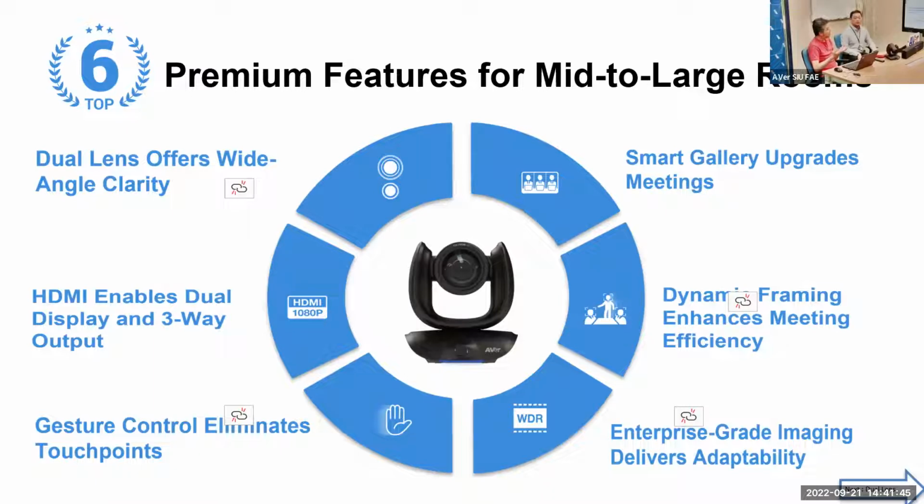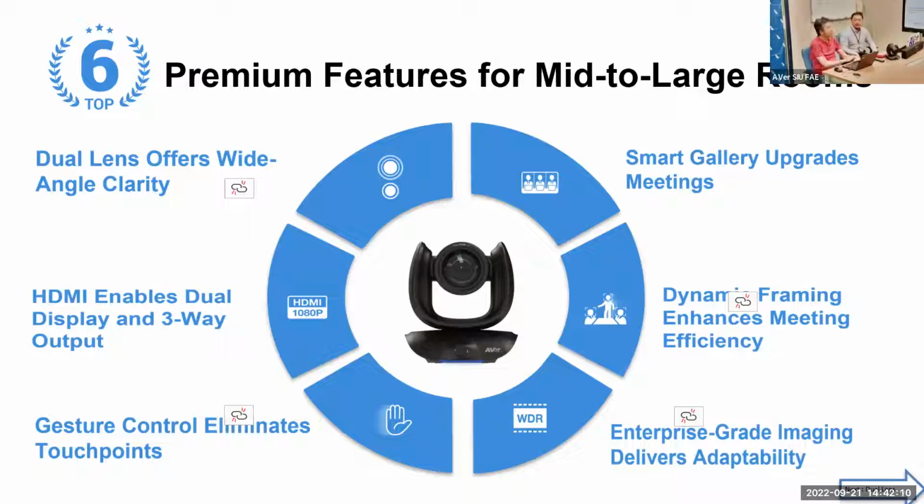The first one is dual lens, and we have HDMI output, and we can support 3-way output at the same time. It means USB, IP streaming, and HDMI. And we have gesture control features and smart gallery features. We have dynamic framing. It's like auto framing in the future.